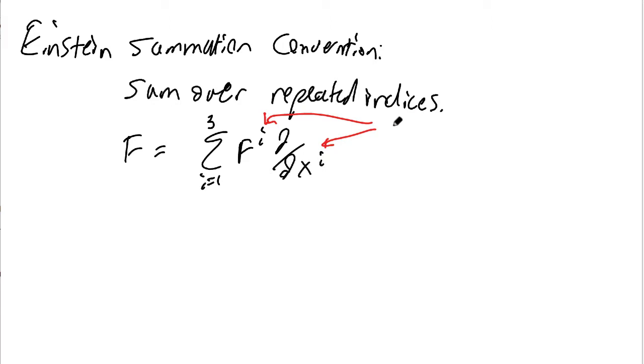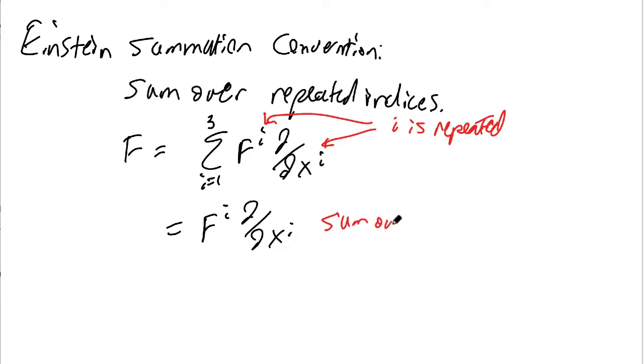It appears twice. So that's our clue that we need to sum over i. So I've written the sum here explicitly, but with this convention we can write this expression as f^i d by dx^i, where the sum over i is implied.